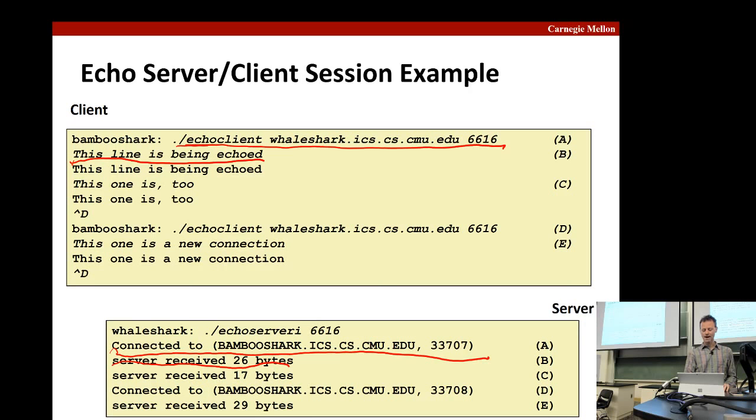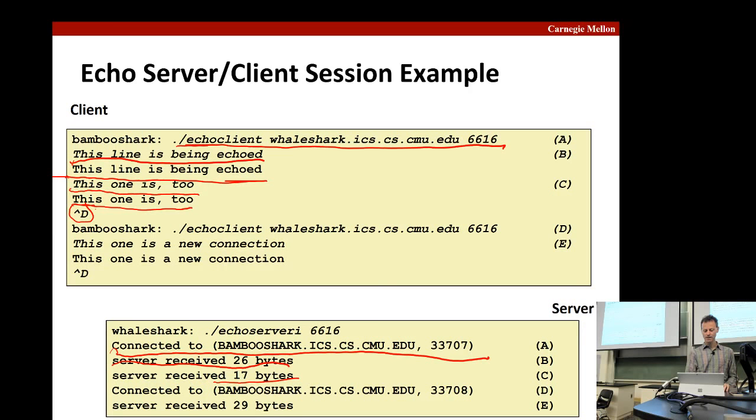The server turns around and sends it back, and the client, when it gets those exact same 26 bytes back, prints it out. Then it types another line, which is 17 bytes the server receives, and it gets back to the client and is printed. Then the client exits the program.